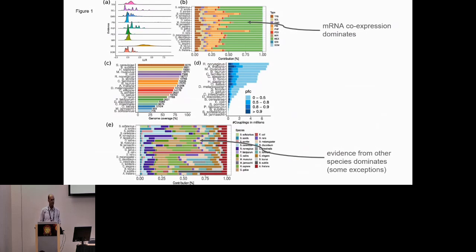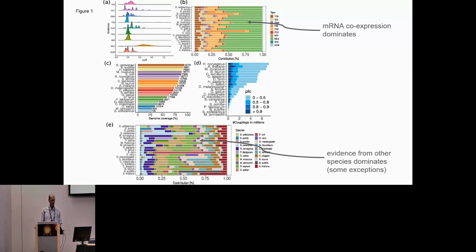I'm not going to really go into the details, but just point out that if you look at the statistics, you can see that most of the evidence comes from correlated gene expression. That's the largest contributor.